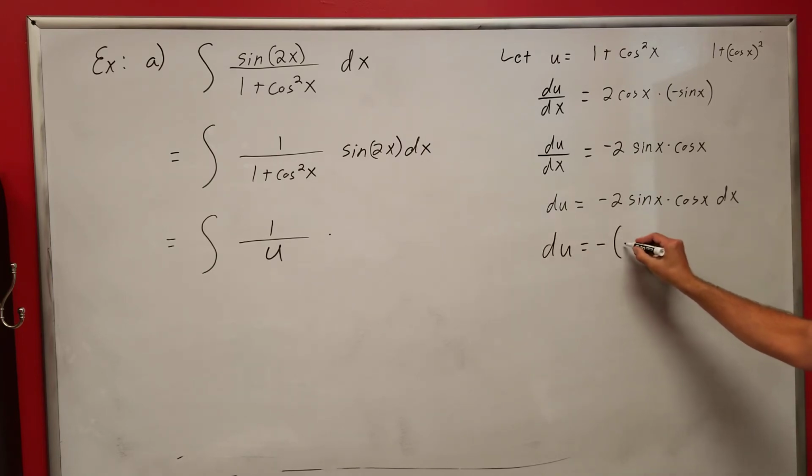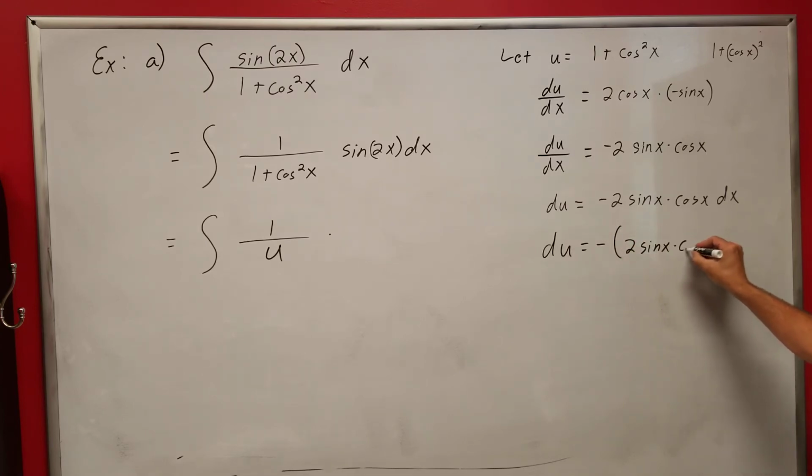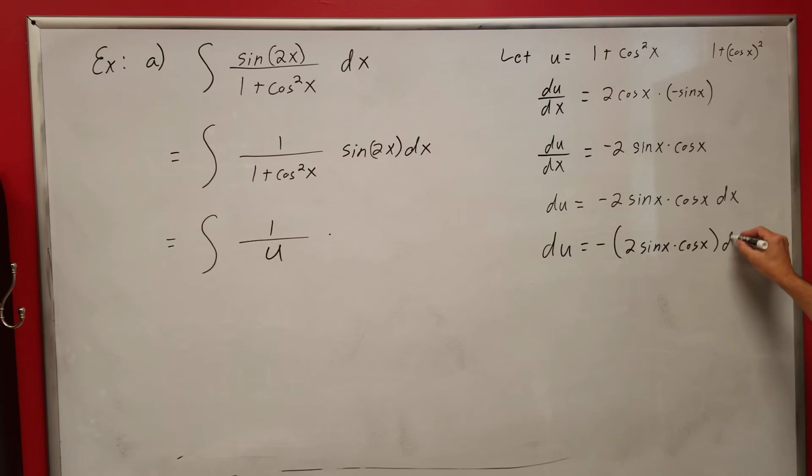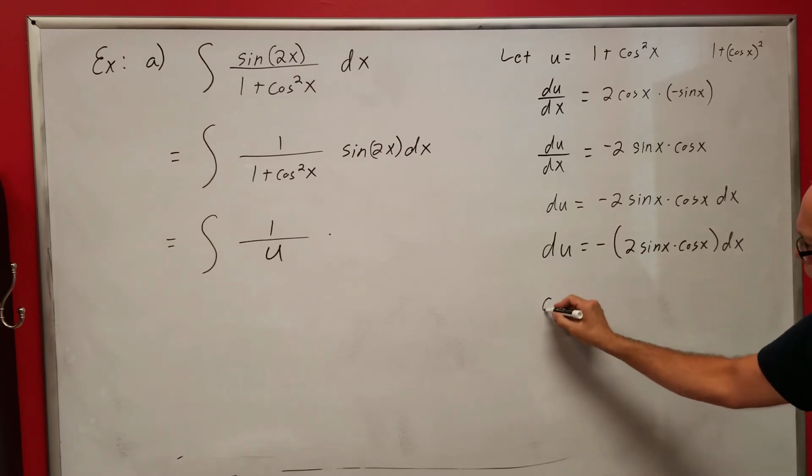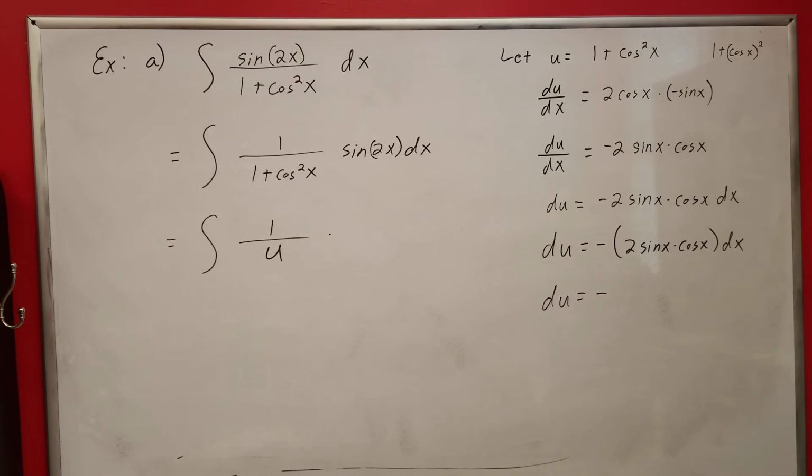Well, I'm going to think of it as -2 times sine of x times cosine of x dx, like that. And what does this look like? Doesn't that look like my double angle formula from trig? It's exactly my double angle formula for trig. So I could say that this inside part is going to be the sine of 2x dx. We can't forget about the trig identities.